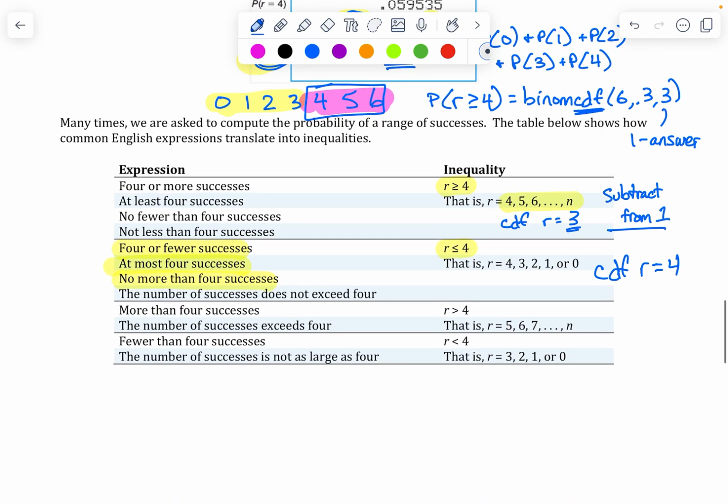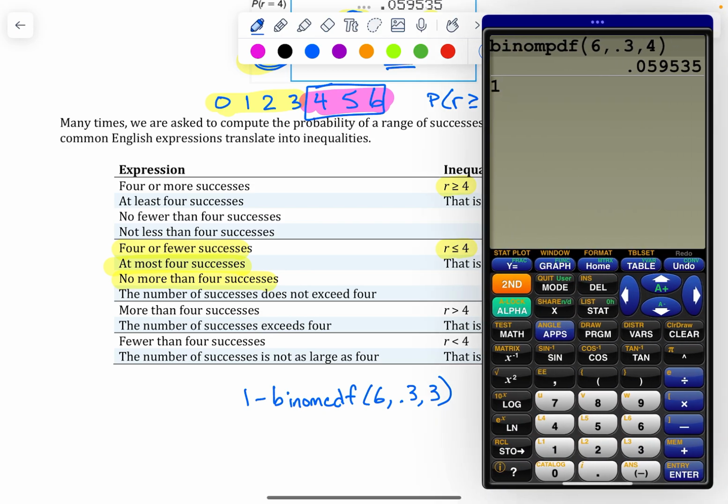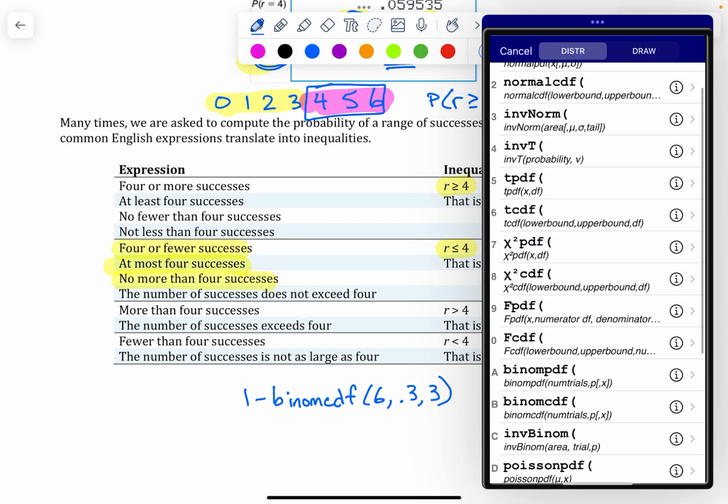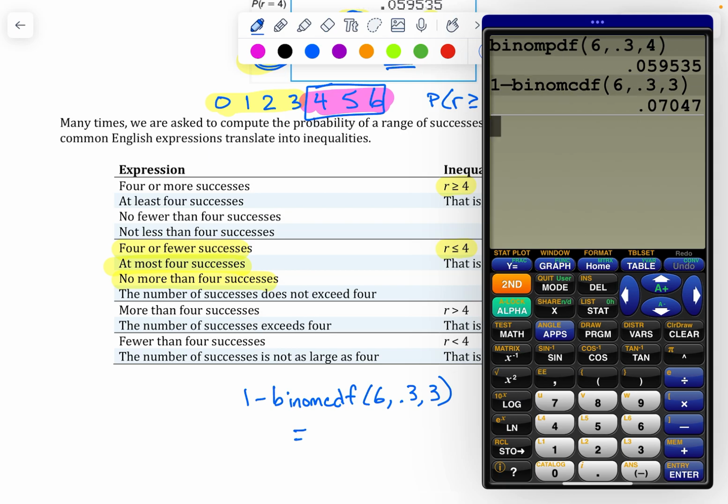Okay, so if you did the binom CDF from up here, and you did 1 minus, let me just do it down here for space purposes. You could do 1 minus the binomial CDF of 6, 0.3 and 3 on your calculator. So if I take my calculator here and I go 1 minus second vars, binom CDF, N is 6, P is 0.3, R is 3, remember we want 3 or less, that gives us 0.705, right?